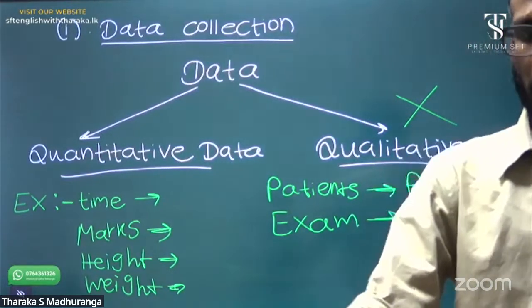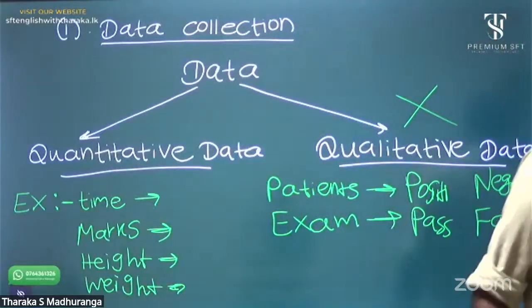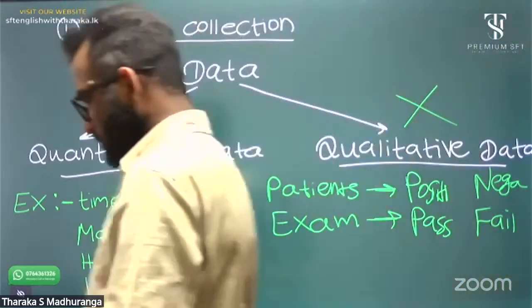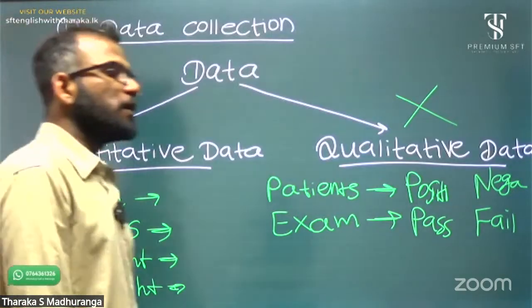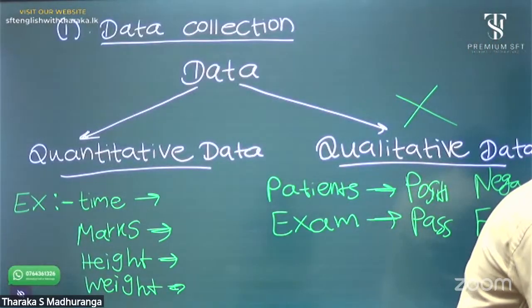Okay, write down the next star mark. Data collection can be classified into two main categories.